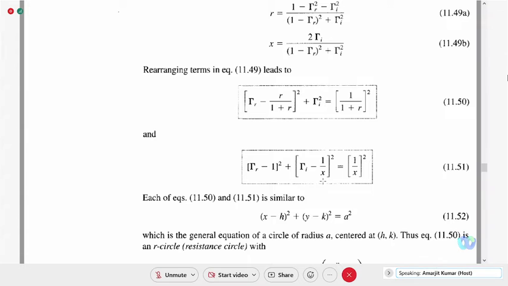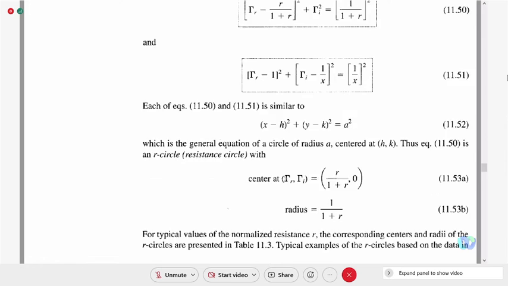So both the center and radius are dependent on the normalized load reactance. So it is known as the reactance circle, and the other is the resistance circle.